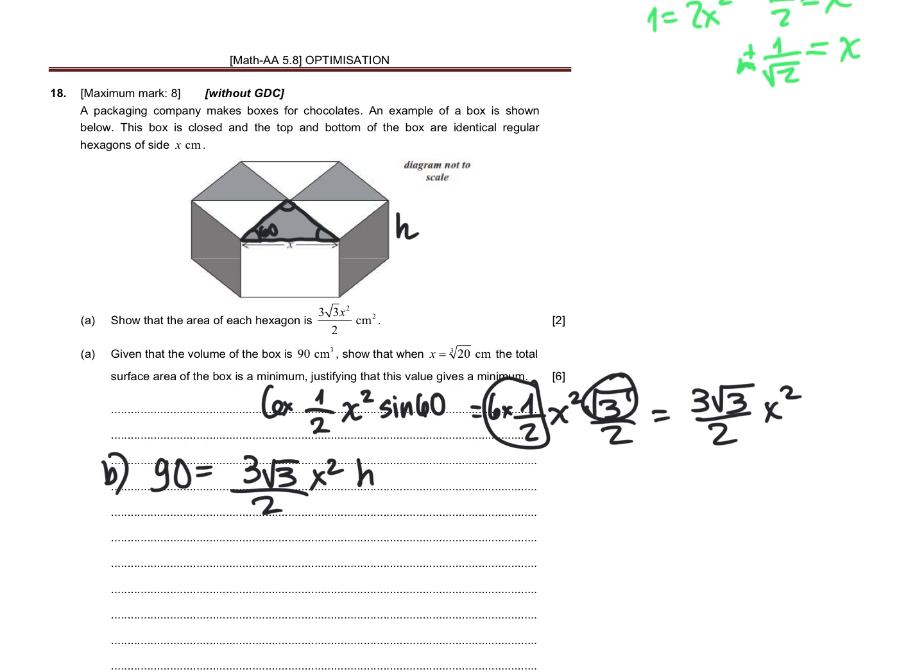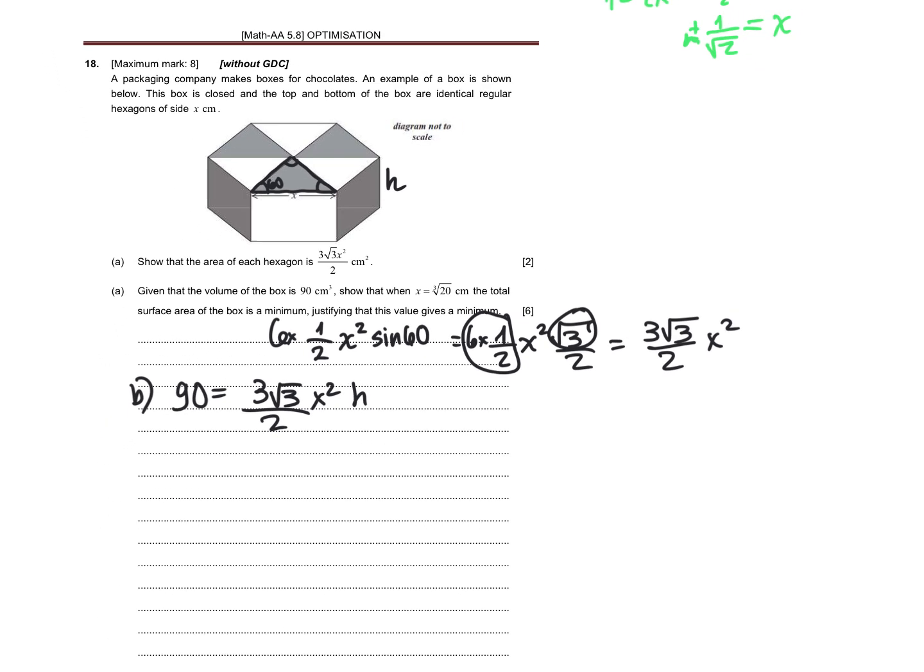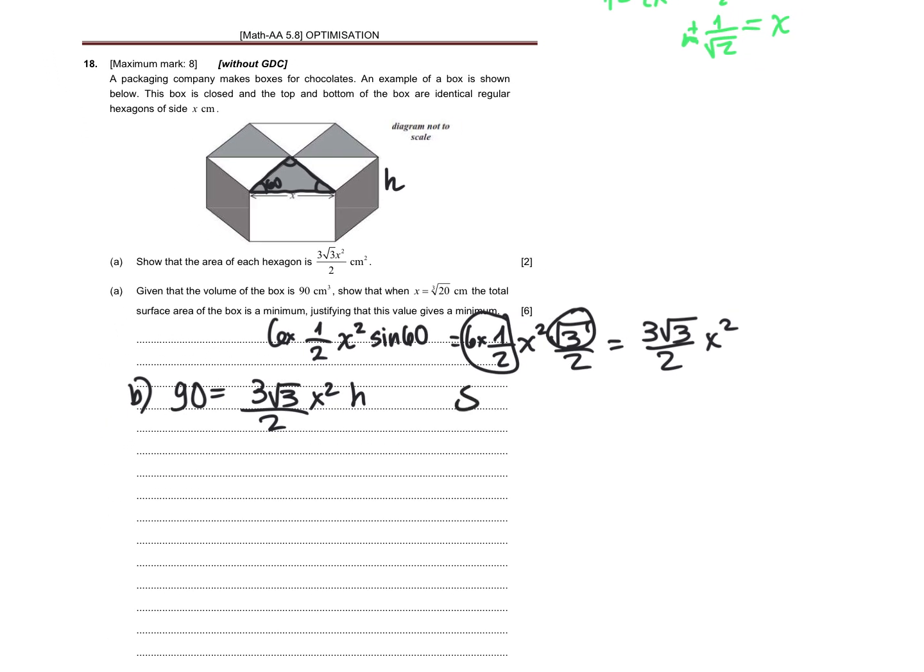Okay. All right, so that's volume. Surface area is equal to twice the top and bottom, which is 3√3 over 2 x squared. And then we have to add 6 rectangles, all of these around, and that's x times h.